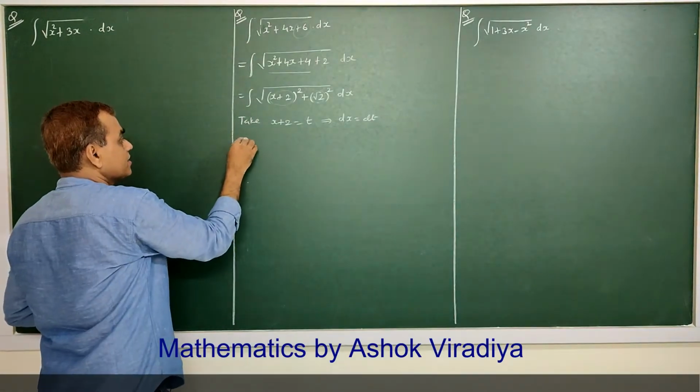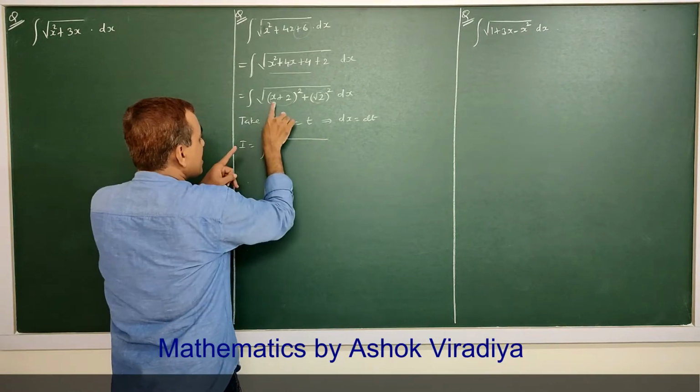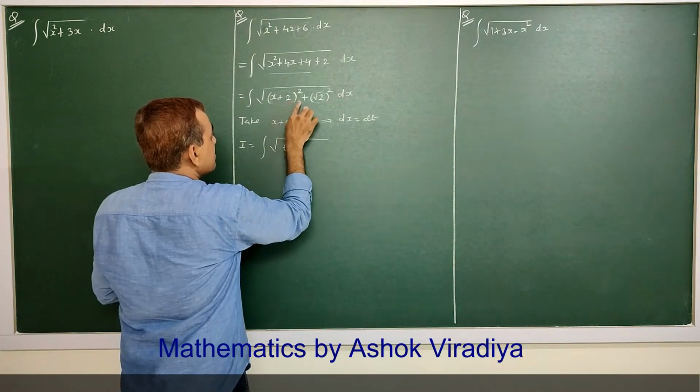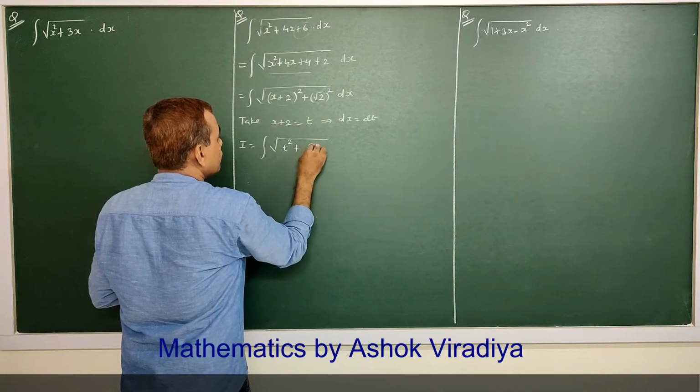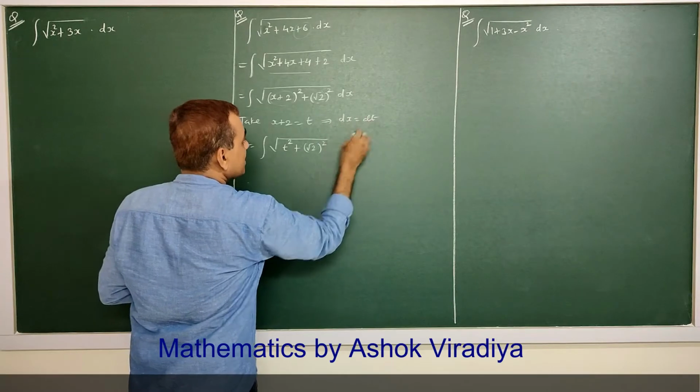So the integral is square root of, x plus 2 is t, so t square plus root 2 square, and dx is dt.